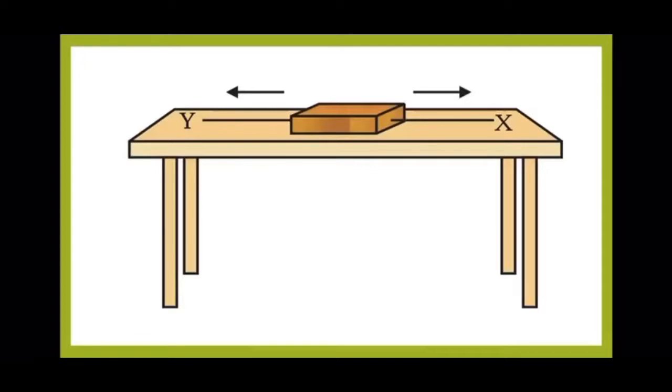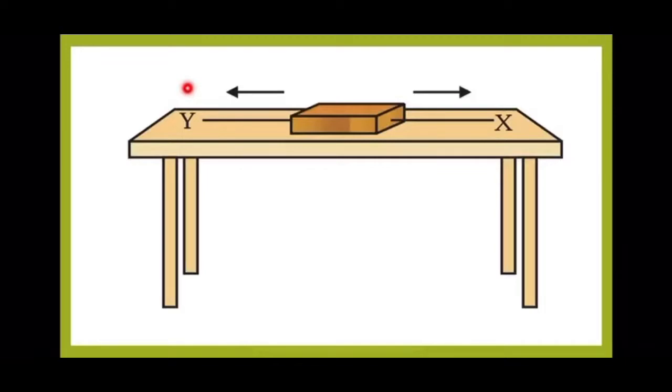If we apply a force by pulling the string X, the block will begin to move to the right. Similarly, if we pull the string Y, the block moves to the left. But if the block is pulled from both sides with equal forces, the block will not move. Such forces are called balanced forces and do not change the state of rest or of motion of an object.